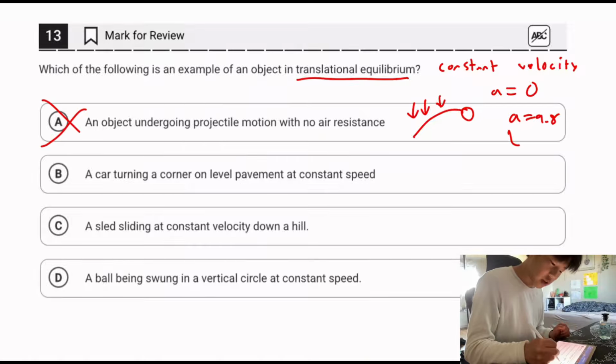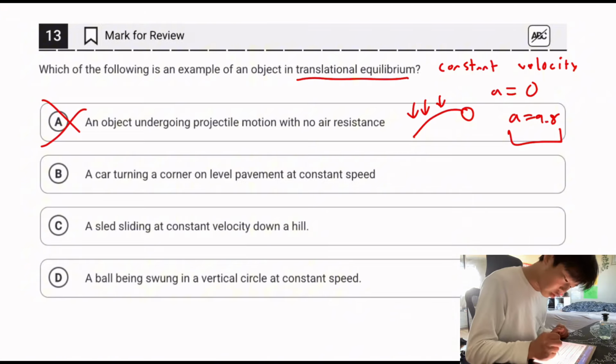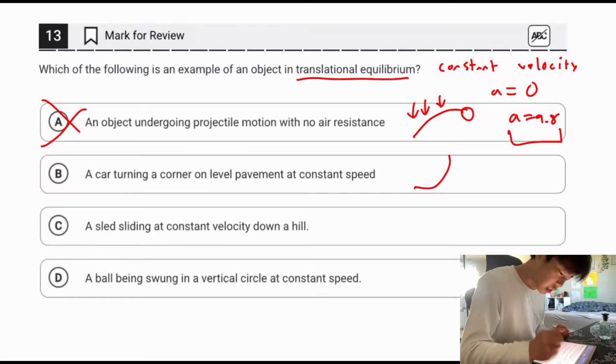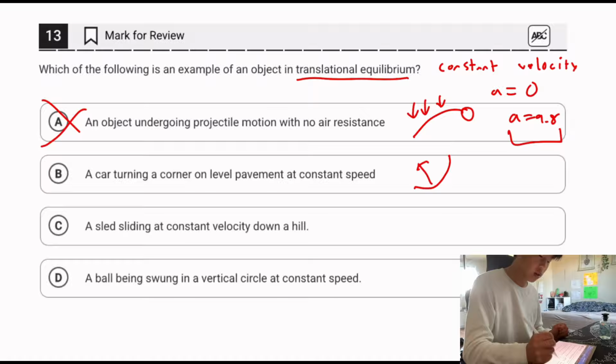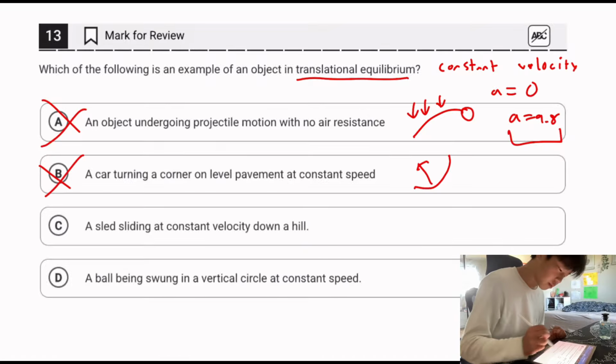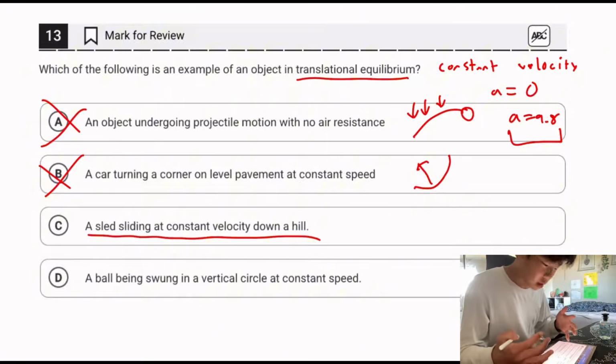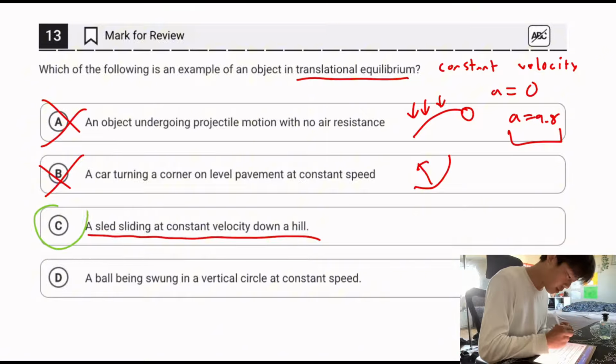There is acceleration. A car turning a corner: turning a corner means the car has to go this way, which is circular motion. Anytime there's circular movement, there's always going to be centripetal acceleration towards the middle, so it can't be this one. Sledding at constant velocity. Bro, textbook definition of translational equilibrium, it has to be this one.